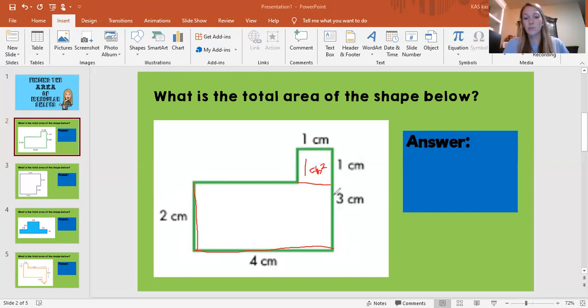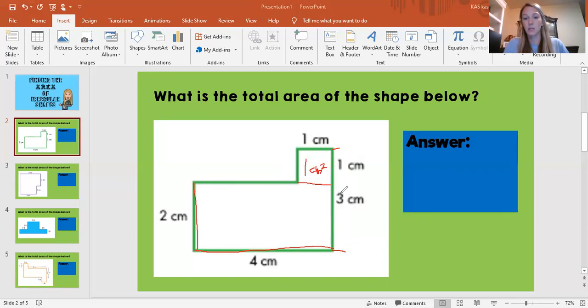Now, why is this 3 here? Because if this is 2, this should be 2. So this 3 is saying that from this very top to the very bottom here, that whole thing is 3. Now, if I multiply length times width, I don't need that 3 for this bottom rectangle.